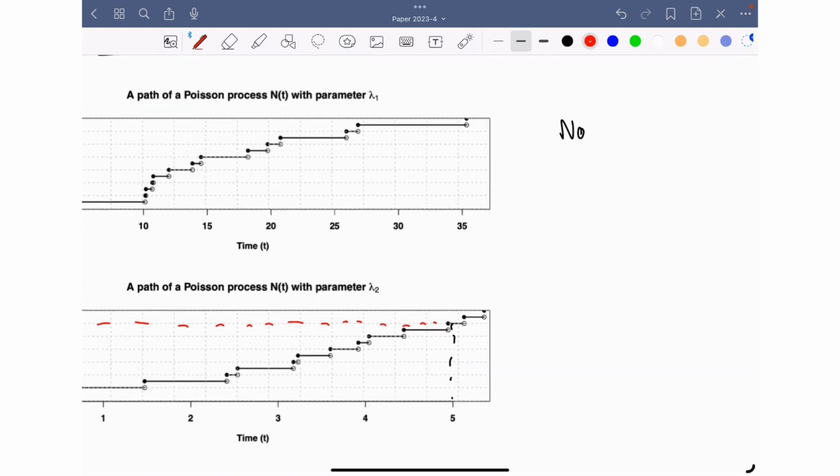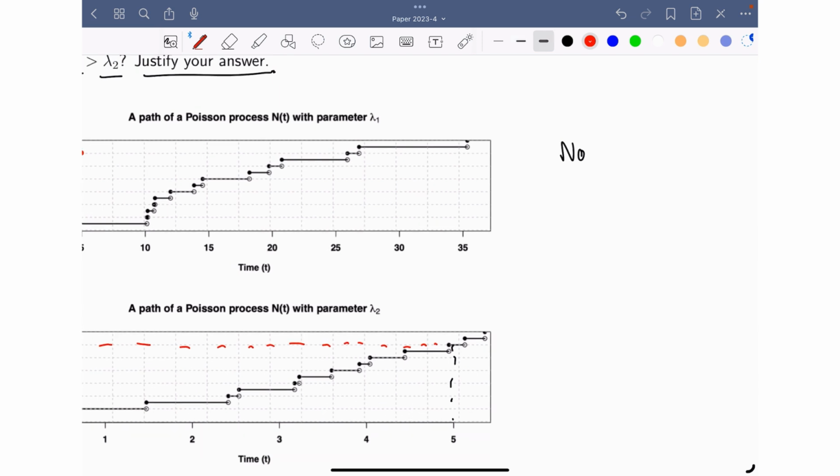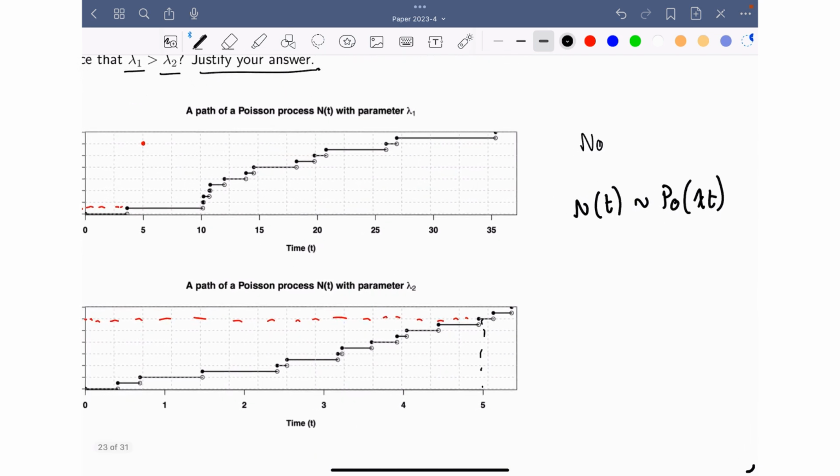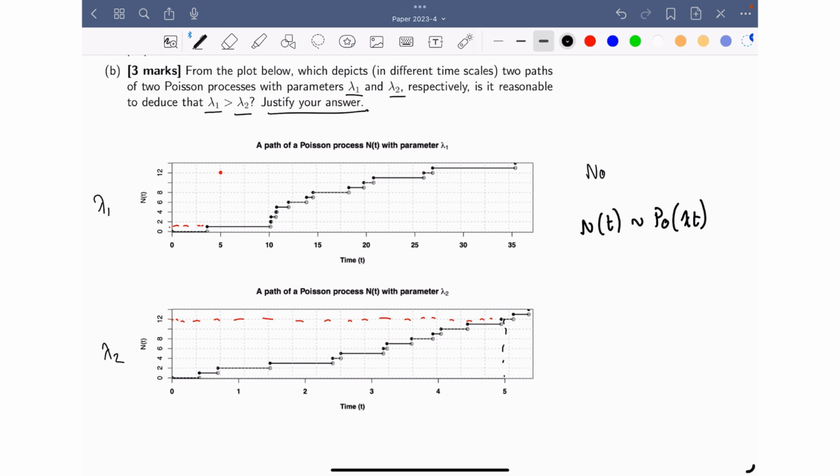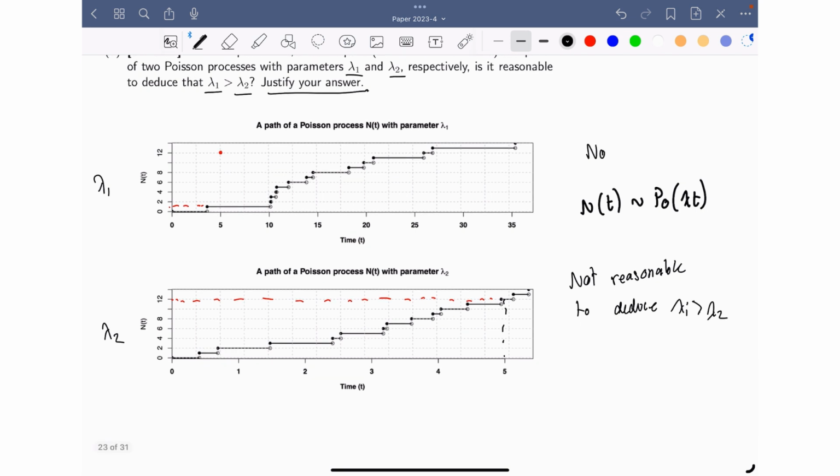And knowing that N(t) is distributed with the Poisson distribution of lambda t, for the same given value of time, N(t) for lambda 2 is greater than N(t) for lambda 1. So therefore, it's just not reasonable. And it's more reasonable to deduce the opposite.